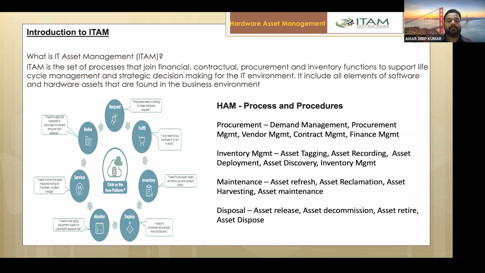For example, if we want to procure, let's say, 100 assets for our organization, the first thing is that it will be associated with finance, right? Finance means we have to spend some dollars to purchase that. So in order to approve that, we have to submit the proposal to finance. So that's why it's financial.